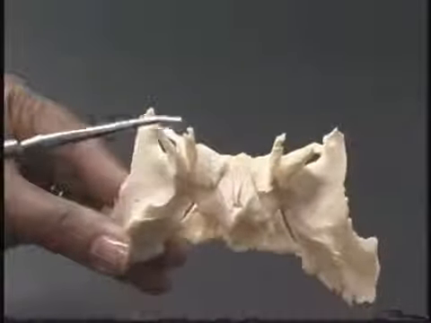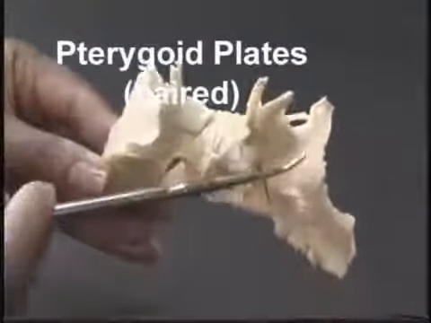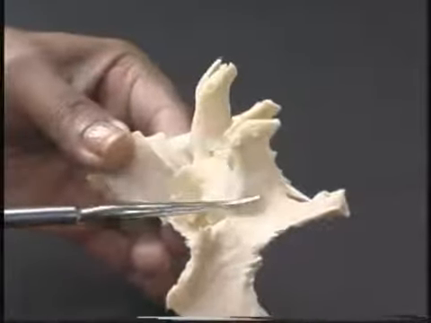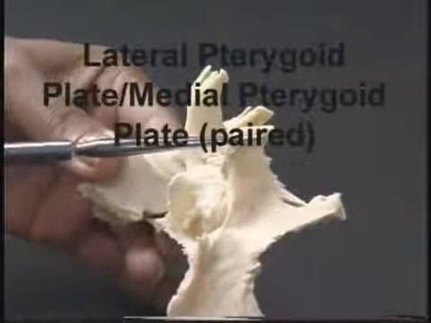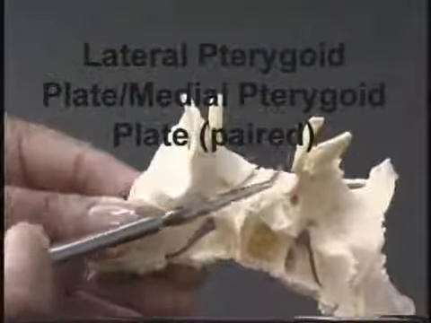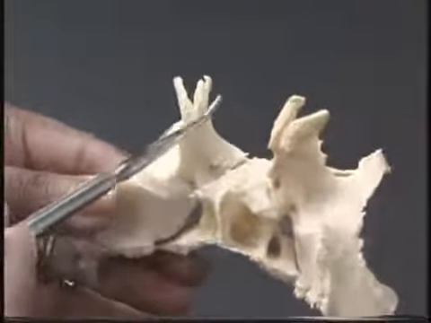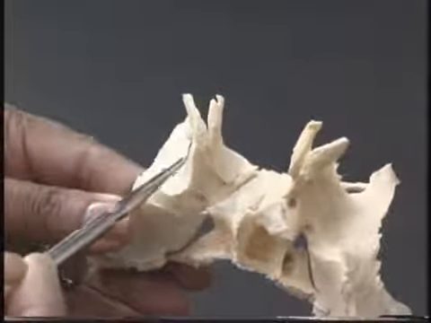These two plates are known as pterygoid plates. This is the lateral pterygoid plate, and on this side I can see the medial pterygoid plate. Again, there is a medial pterygoid plate and the lateral pterygoid plate.